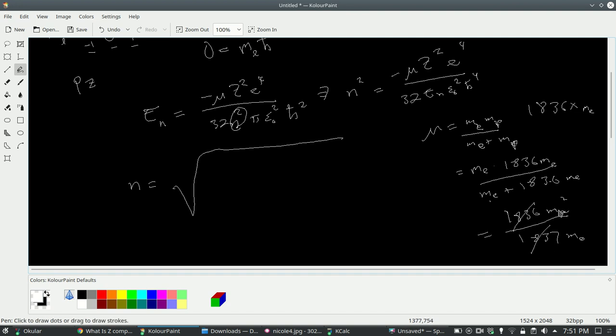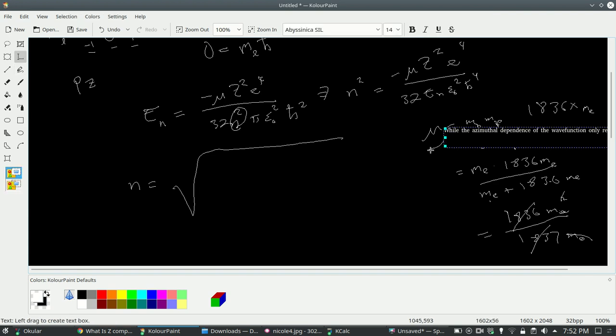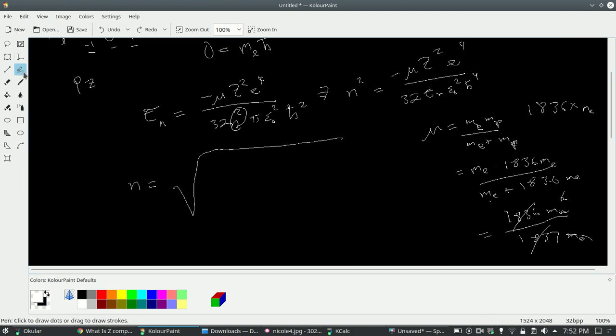Now, mass of the electron squared over mass of the electron is just mass of the electron. So for practical purposes, mu is effectively just mass of the electron. Right there, mass of the electron. So I'll write that in here.